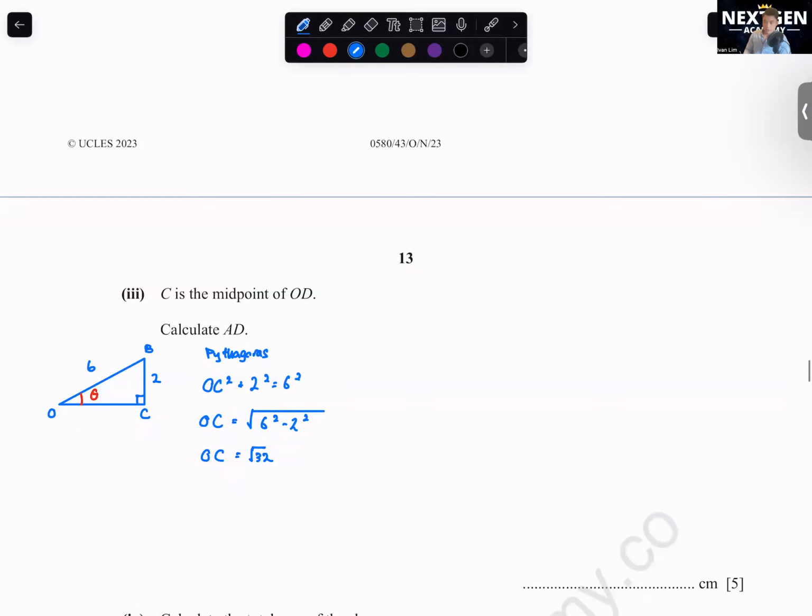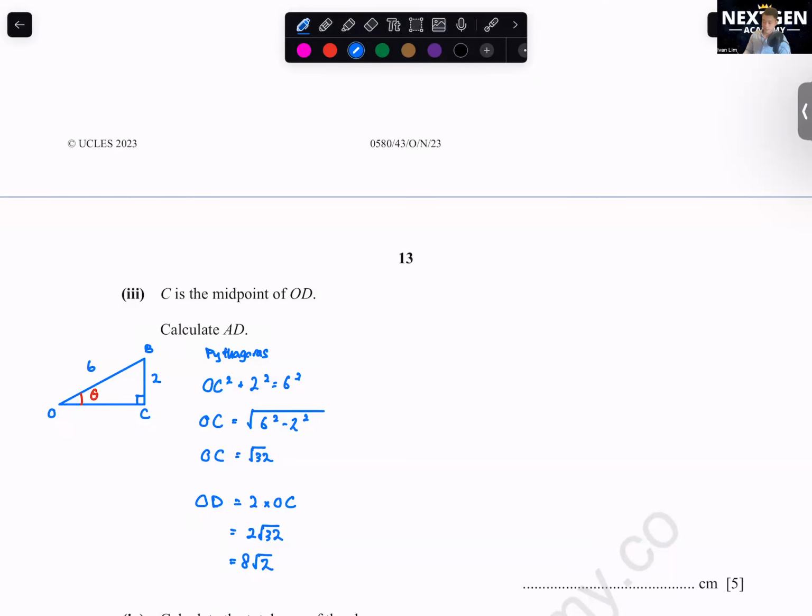OD is 2 times OC because it's the midpoint. So you will get here 2 root 32. Okay, but if you type into your calculator, you will get 8 root 2, right? This one you can just type into your calculator since you got access to calculator anyway.